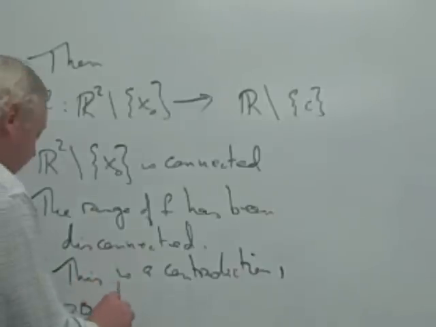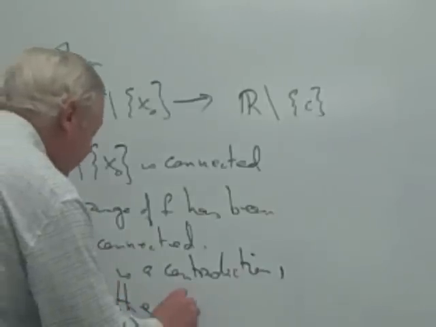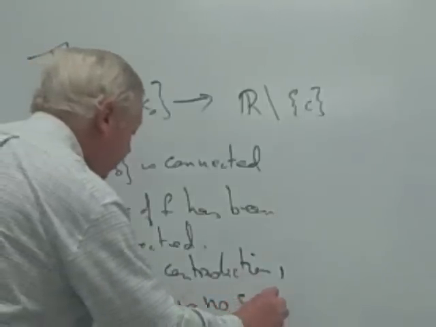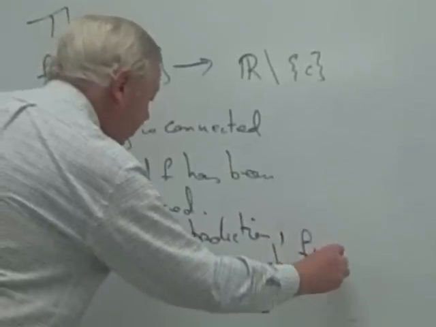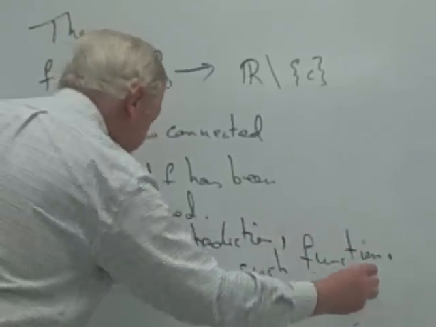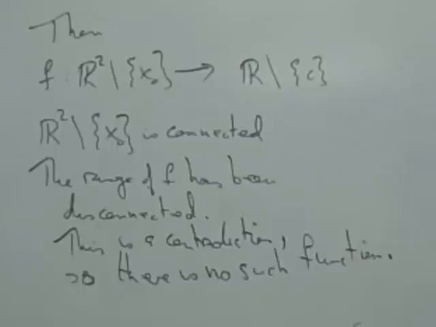So there is no such function. So in this way, we find that we can distinguish certain spaces. So R2 cannot be the same as R. We had a one-to-one onto continuous function where we just showed that there is no such thing.